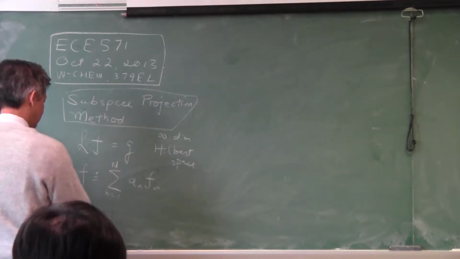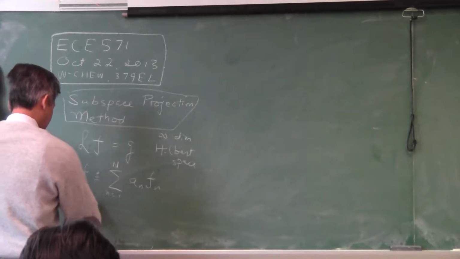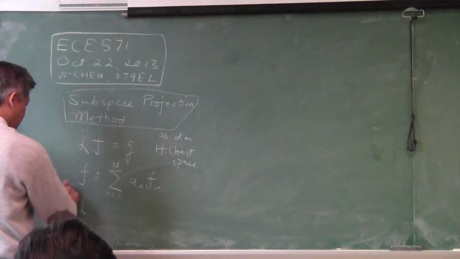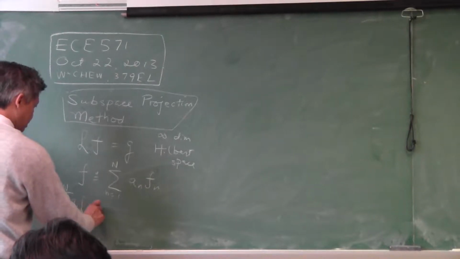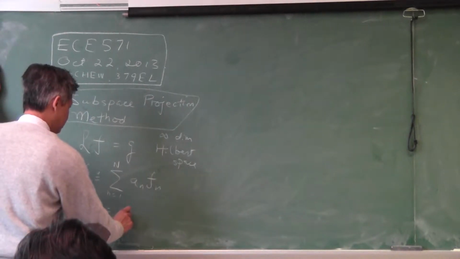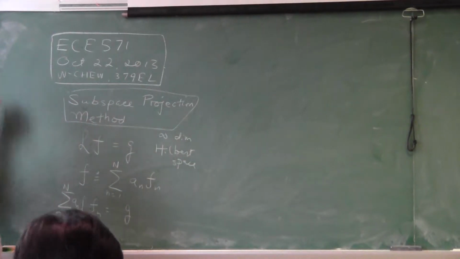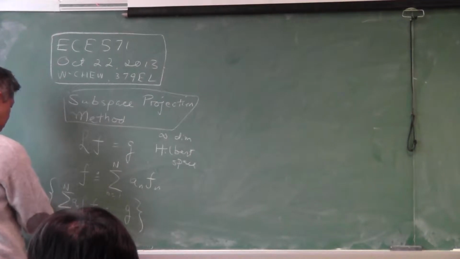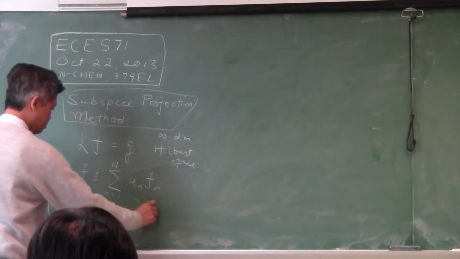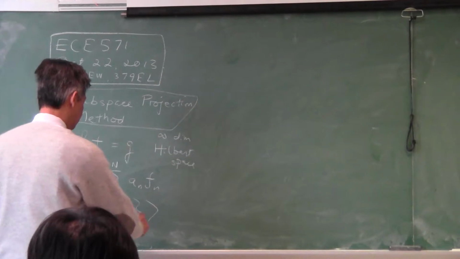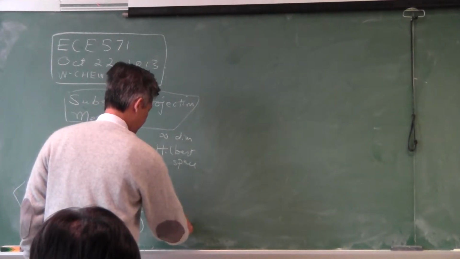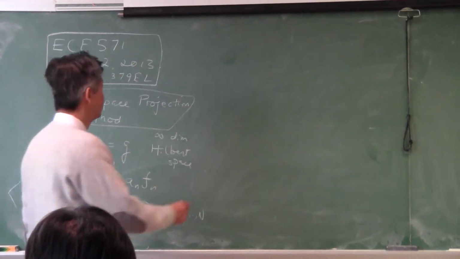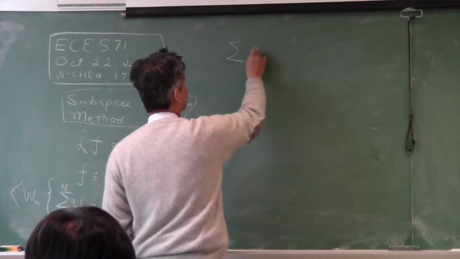And we might want to use a notation that after we substitute this in here, then we get an equation something like this. And then we test this equation with Wm. And m might go from 1 to N, so that eventually we get a system that looks like this.